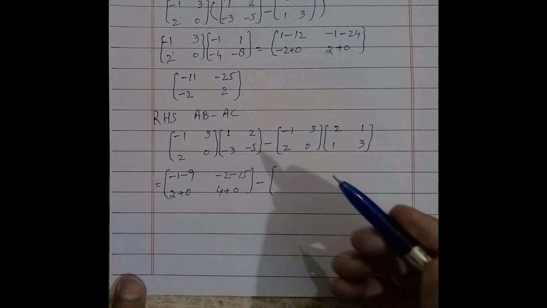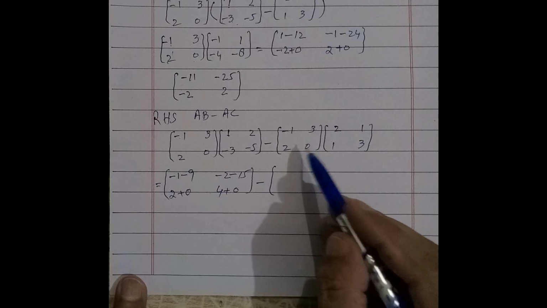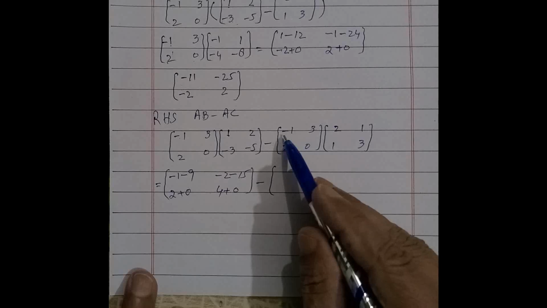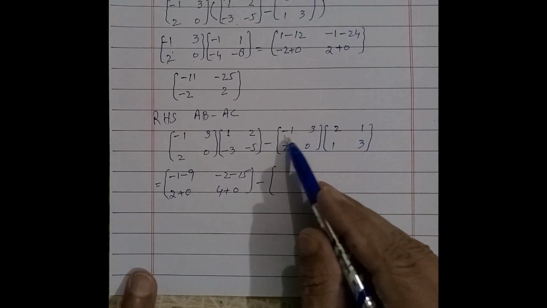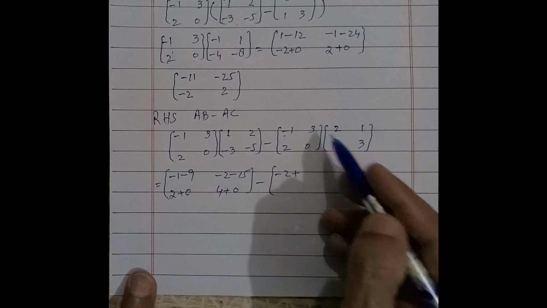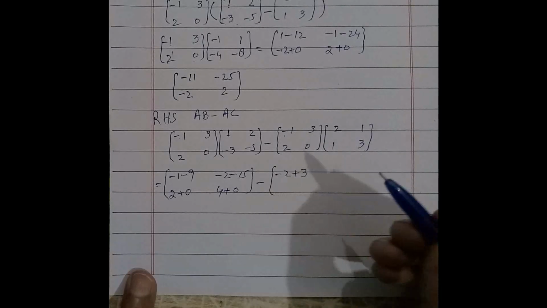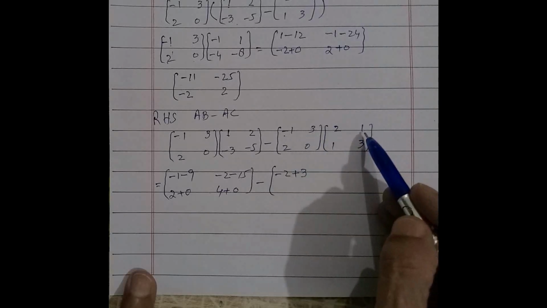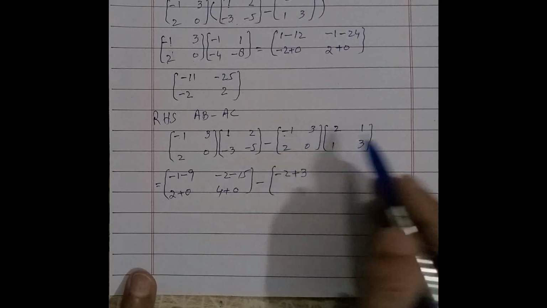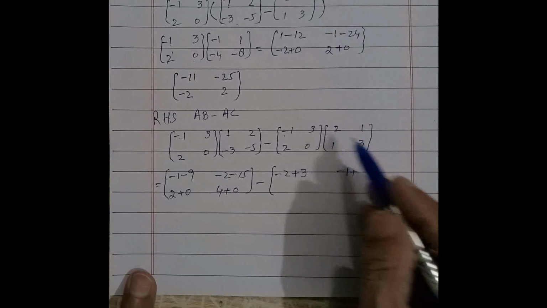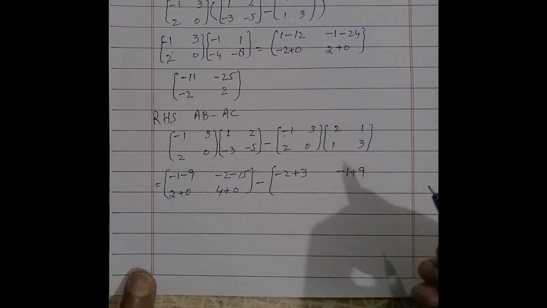Minus, now multiply matrix A with C. We get first row with first column, -1 multiplied by 2 is equal to -2 plus 3 multiplied by 1 is equal to 3. First row with the second column is -1 multiplied by 1 is equal to -1 plus 3 multiplied by 3 is 9.